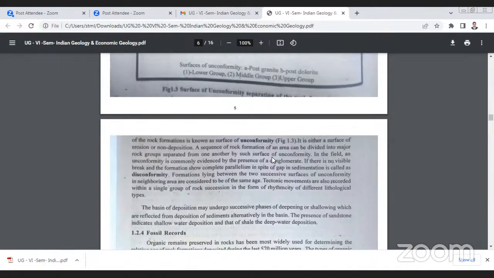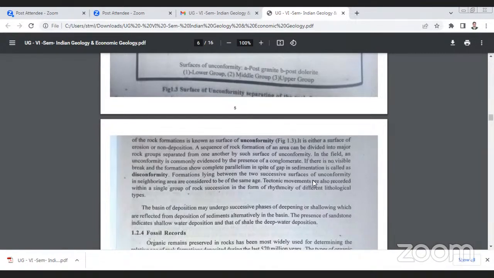The rock sequence or rock formation sequence of an area can be divided into major rock groups, separated from one another by a surface of unconformity. An unconformity is commonly evidenced by the presence of a conglomerate.